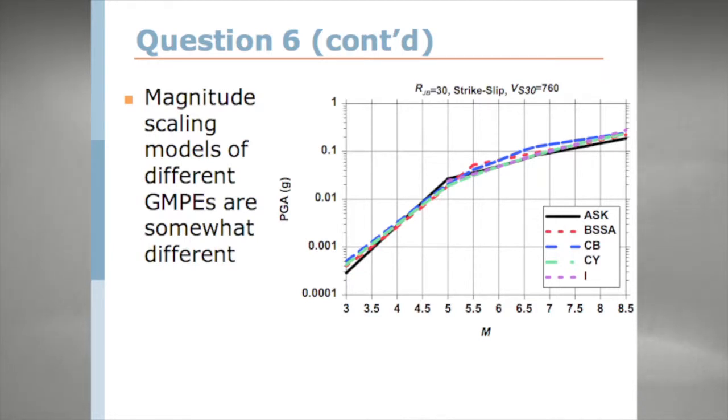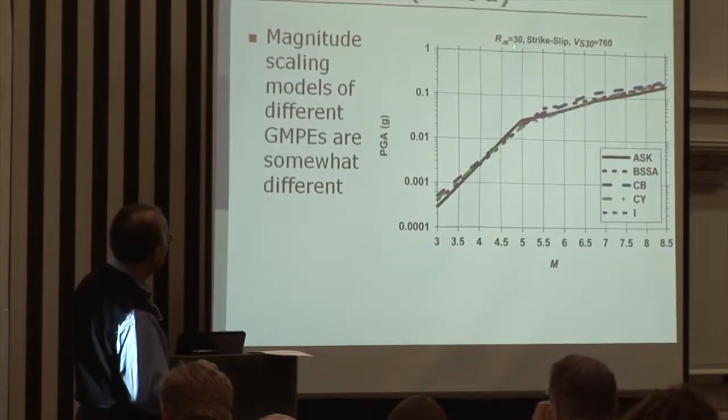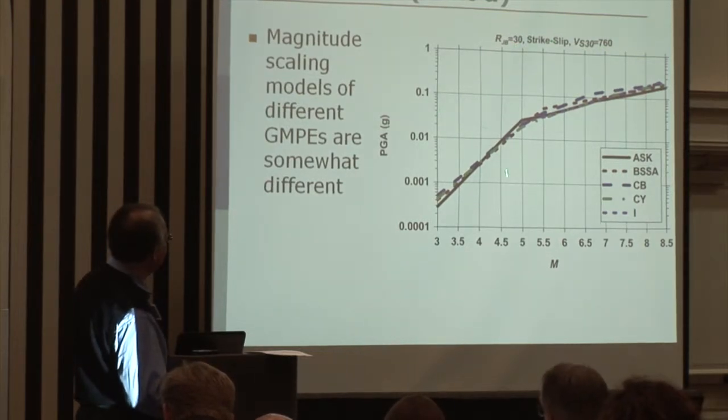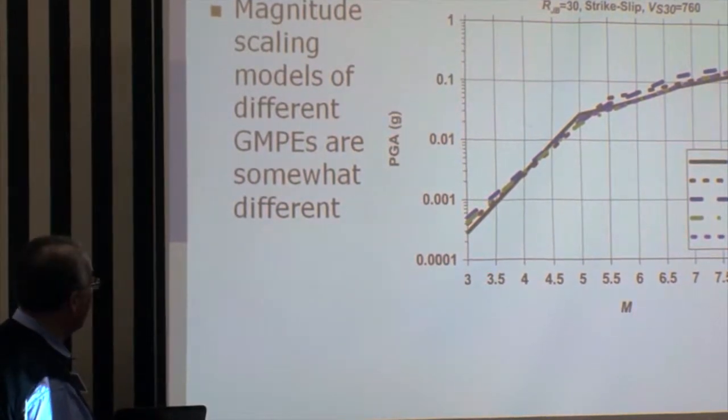The other thing is modeling magnitude scaling. The data is coming from Nick. I just replotted the 5 NGA models versus magnitude, at 30 kilometers RJB, strike slip, 760 meters per second. So this is us, and we break it at 6.5. By the way, previously in 2008 we had a break at 5.5.